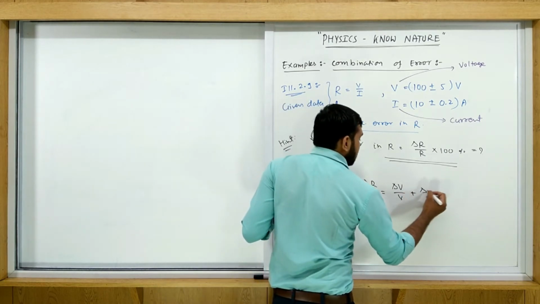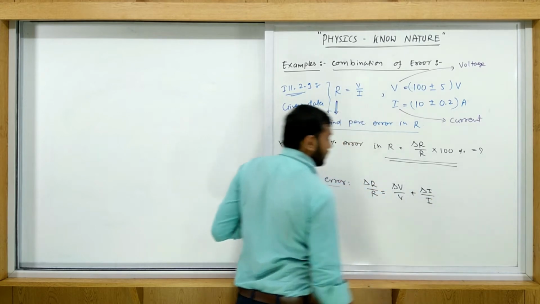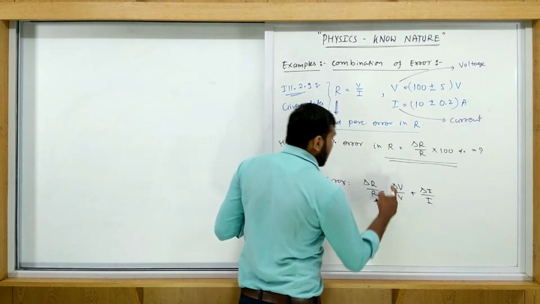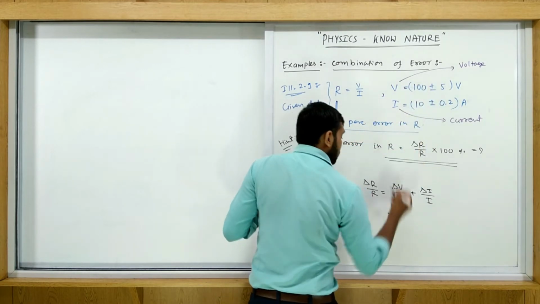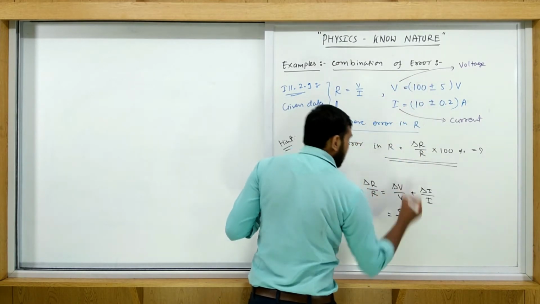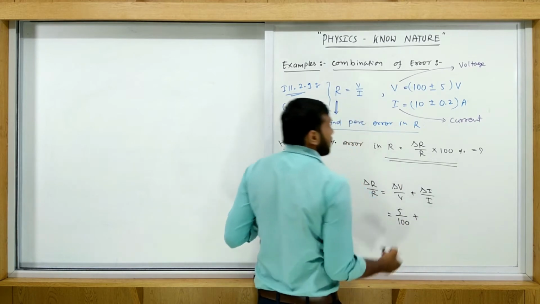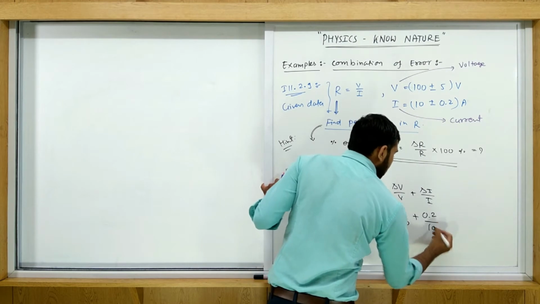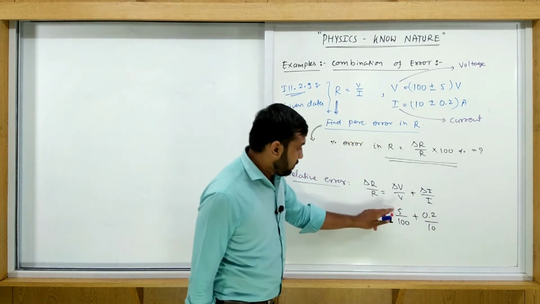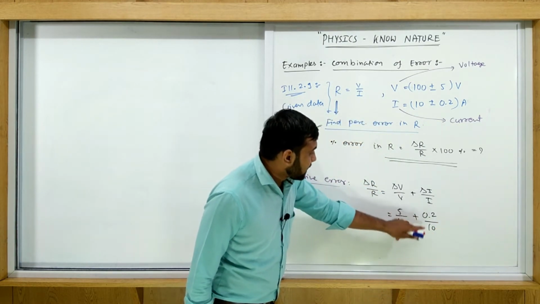So plus delta I upon I. So delta V upon V, 5 upon 100, plus 0.2 upon 10. Yes or no? Delta V upon V plus delta I upon I.